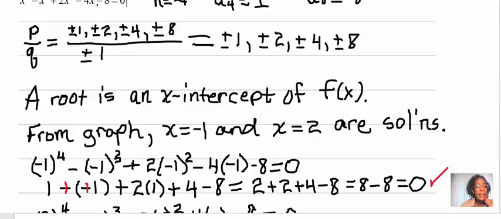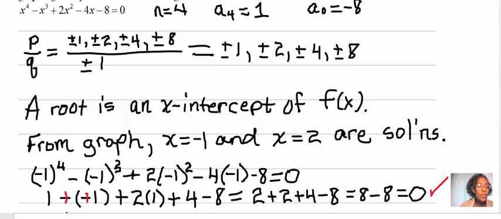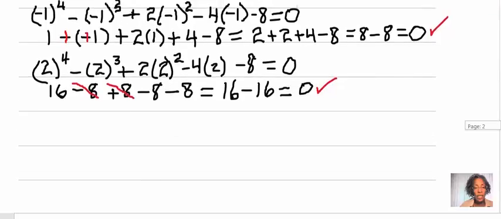And notice that if there were any missing powers of x, we would fill those coefficients in with 0. So say, for instance, you didn't have an x cubed term, in the place of the x cubed term, you would need to put a 0 if that were a missing term. In this case, we have all powers of x. We have power of 4, power of 3, power of 2, power of 1, and a power of 0. So if any of those are missing, you do need to fill those in with zeros in synthetic division.